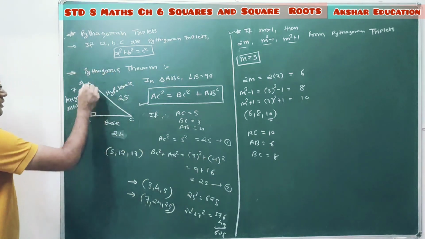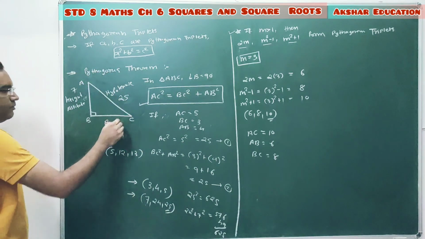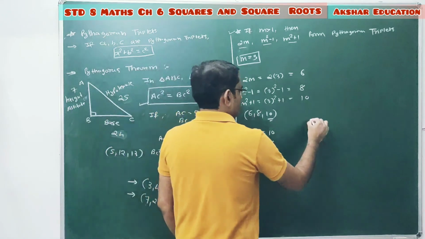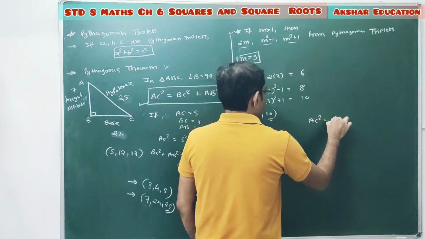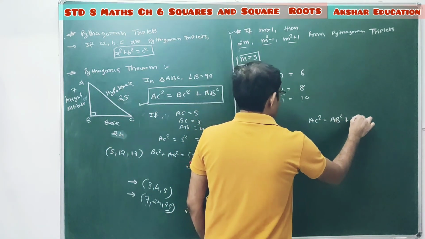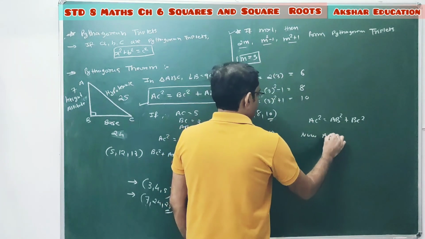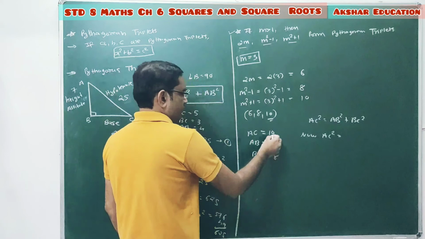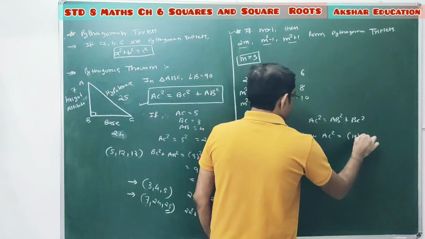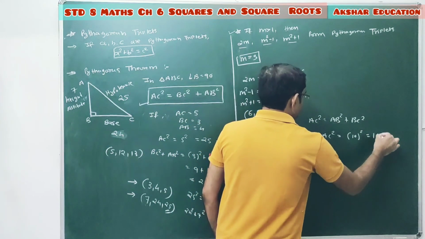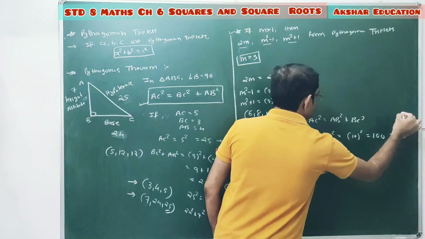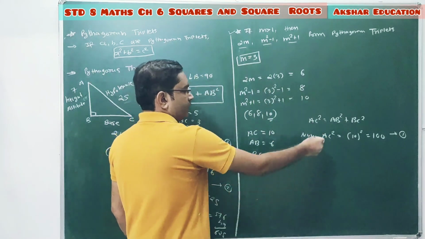What is the Pythagoras theorem? AC square equal to AB square plus BC square. So now our left hand side, AC square, our AC that is 10 square, which is equal to 100. Say result number 1.